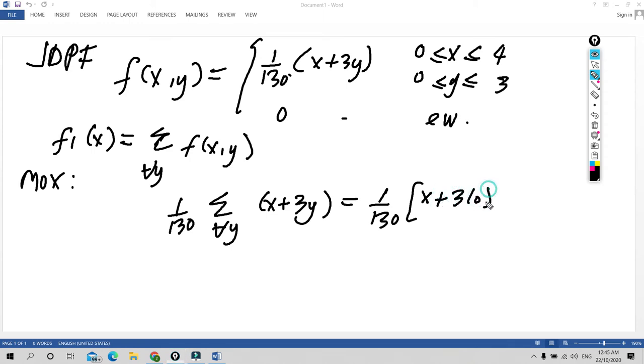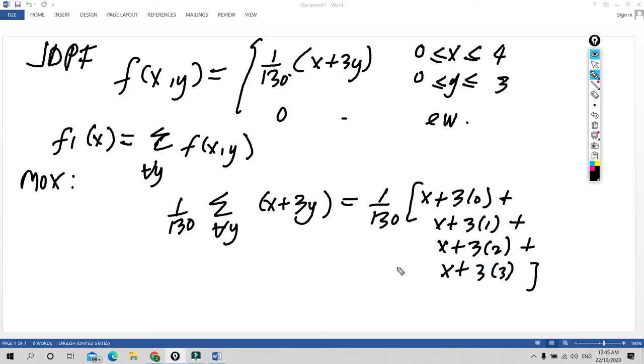The first y is 0: x plus 3 multiplied by 0. The second y is 1: x plus 3 multiplied by 1. The third y is 2: x plus 3 multiplied by 2. The fourth y is 3: x plus 3 multiplied by 3.